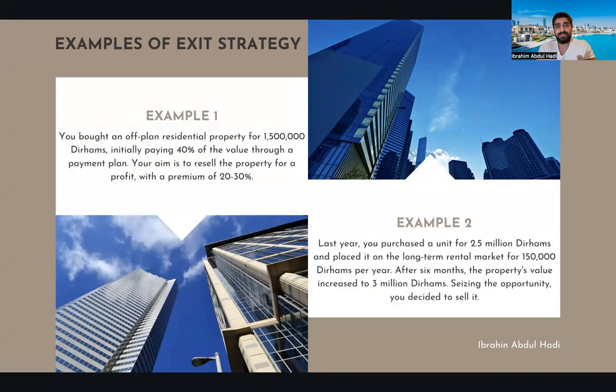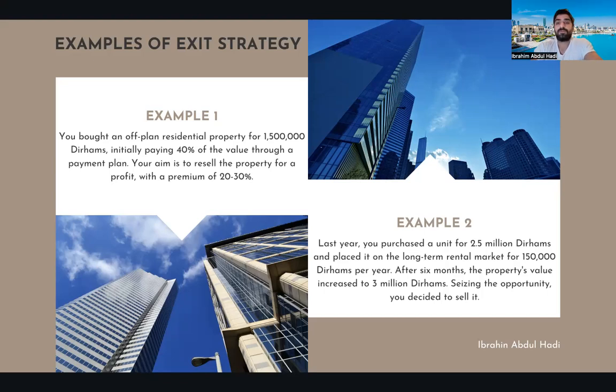So we bought this off-plan residential property for 1.5 million. Initially, we paid 40% of the value through the payment plan, and we are planning to resell that property with a 20 to 30% profit.